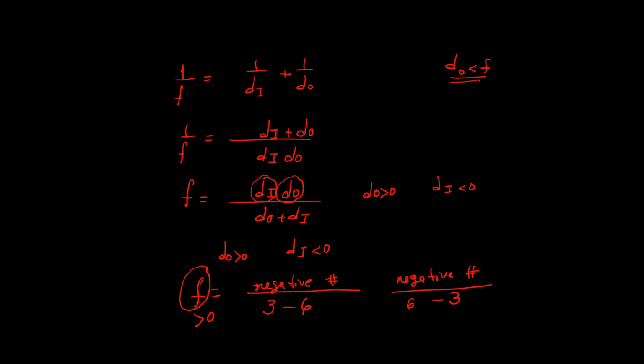Which means the distance between the mirror, I'm going to do it right here. Here's the mirror. If this is the object, the absolute value of the distance, so the object is basically closer to the mirror than the image. Okay?